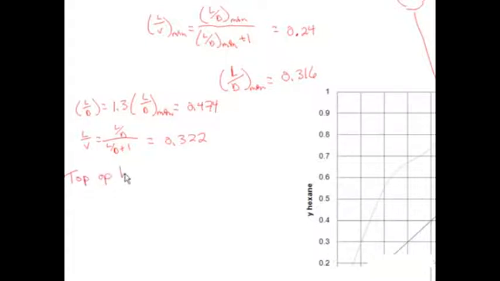So our top operating line is y equals 0.322 x plus 0.644. This value is just the y-intercept of xd over L over d plus 1. That equals 0.644. So let's plot this top operating line.